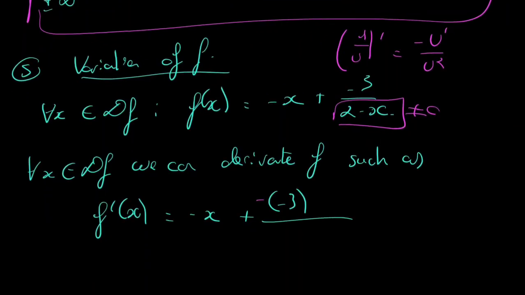And so here we've got the first minus, we've got u squared (2 - x)² here, and what is u prime, the derivative of what is down the division sign?